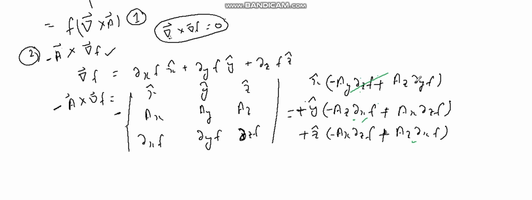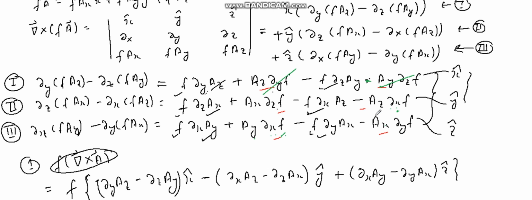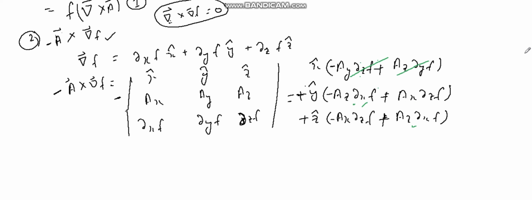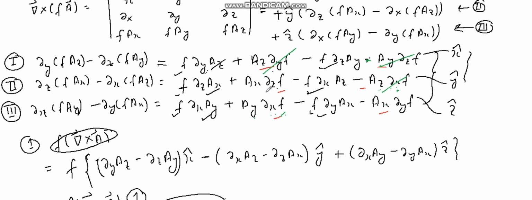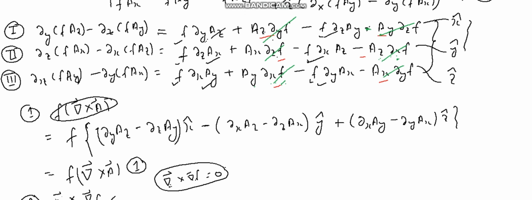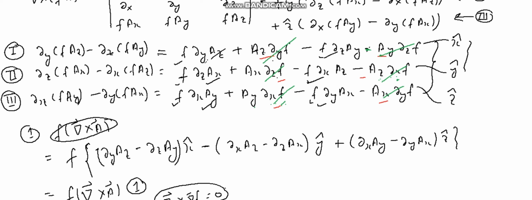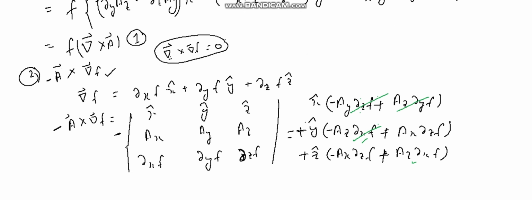Yes, we have the plus sign. Minus az del xf, minus az del xf, ax del zf, ax del zf, and these two will also match. You can see it. Minus ax del zf, minus ax del zf.